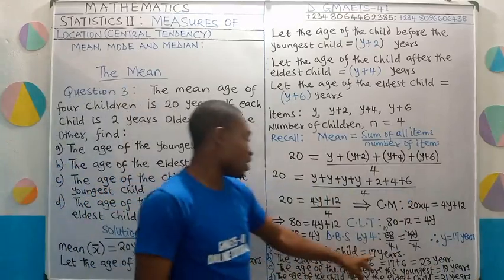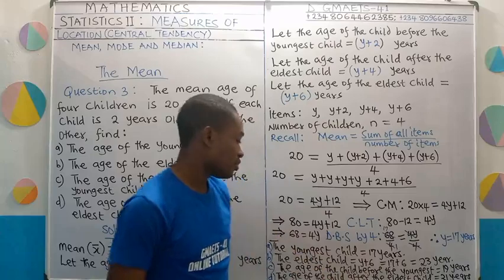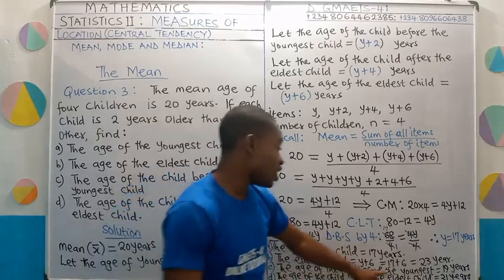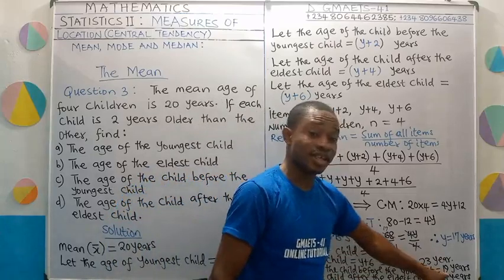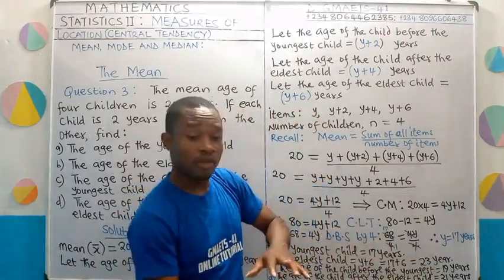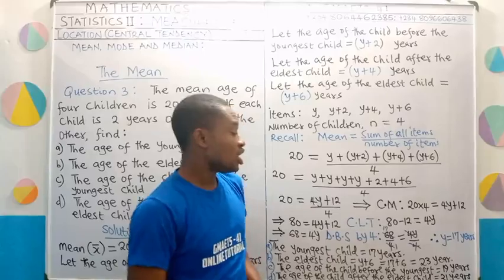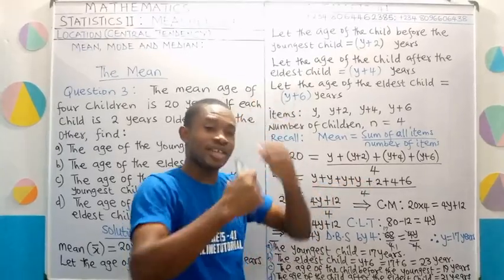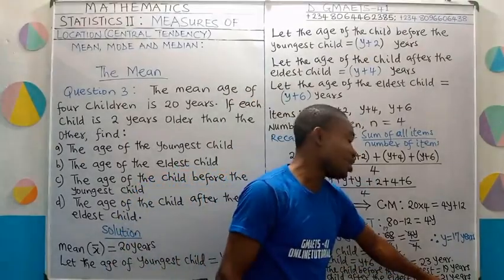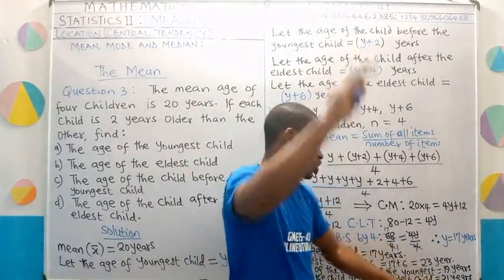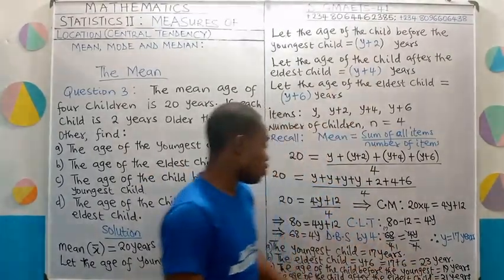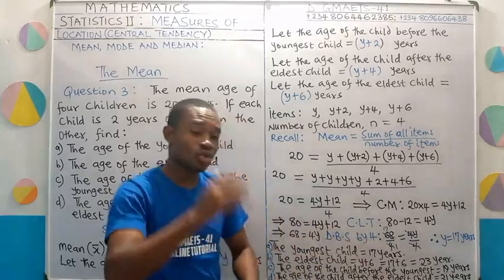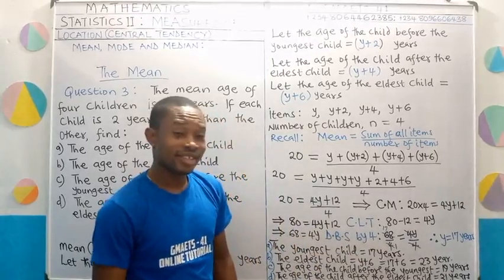So look at it. The youngest child is 17 years. Then the age of the child before the youngest child is 19 years. You know, that is moving from down up. The child after the eldest is 21 years. And then the eldest child is 23 years. If you move around this, you notice that they are 2 years older than the other.